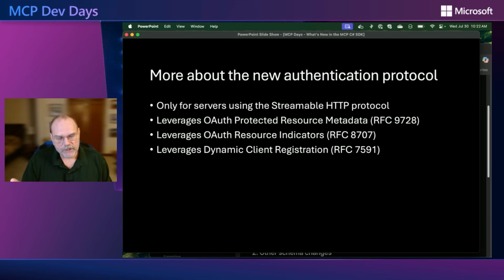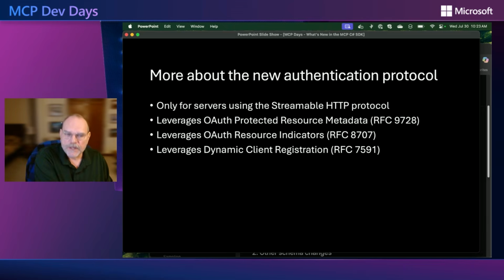So this leverages a number of important features of OAuth, in particular the protected resources metadata feature of OAuth, so that when you go to the server, the MCP server, without credentials, it will come back and it will say, you can't access me unless you have authenticated, and here are the parameters, here's the information about how to authenticate.